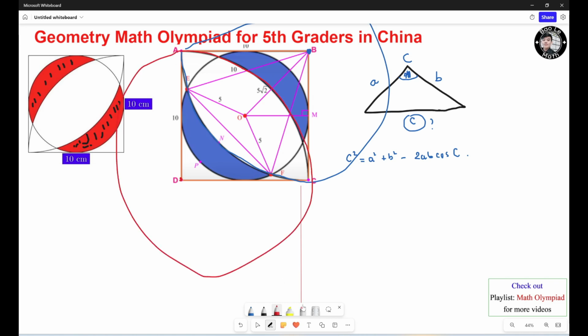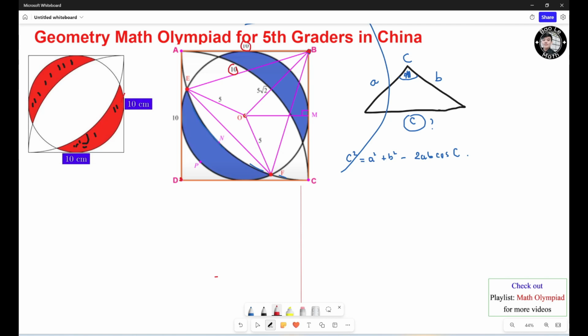Keep that in mind. Now observe BE: because B is the center of the circle, BE must equal BA, and they're both radii. So this one is 10, and this one must be 10.